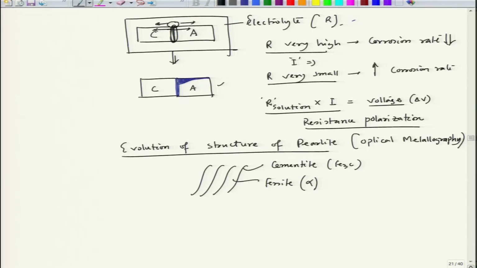Now, why do we get a typical appearance that the cementite becomes black and the ferrite becomes bright? That can be explained on the basis of this particular phenomenon. We will take this explanation to our next lecture. Thank you.